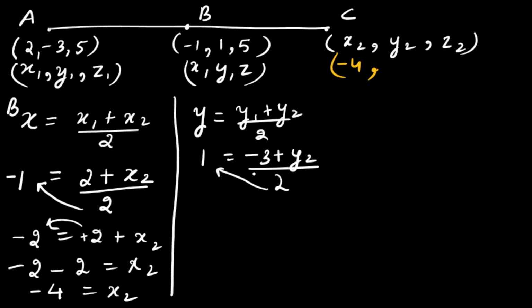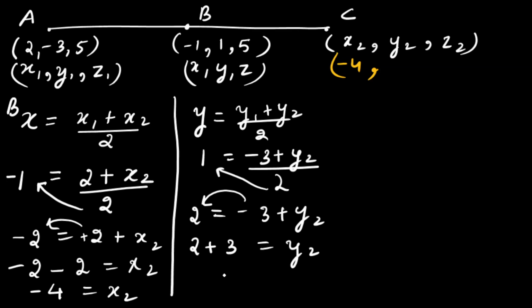Now we shift 2 to the other side: 2 times 1 is equal to 2. Negative 3 plus y2, we have to find y2, so negative 3 shifts to the other side and becomes positive 3. 2 plus 3 is equal to 5. So we found the value of y2 as 5.